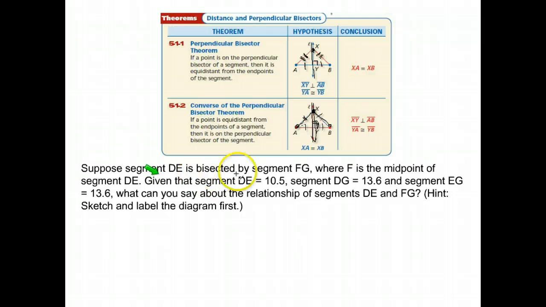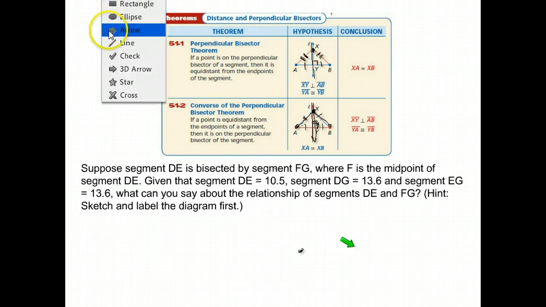Suppose segment DE is bisected by segment FG. So let's start with that. Let's just sketch what's going on here. I start with what they told me.